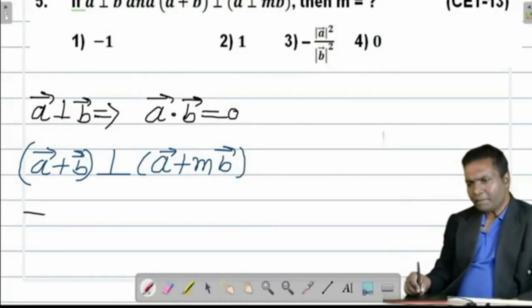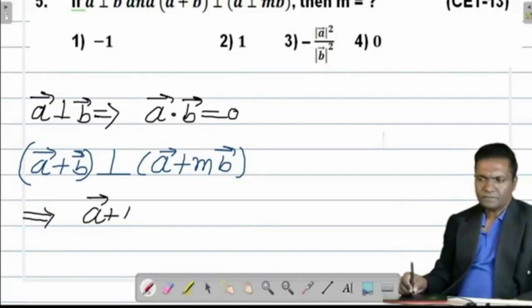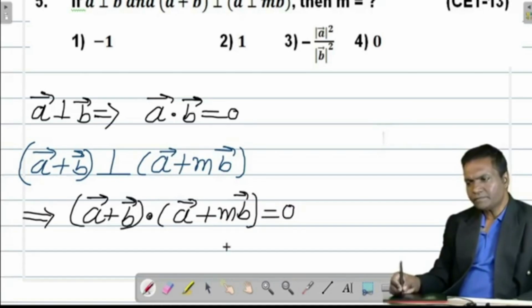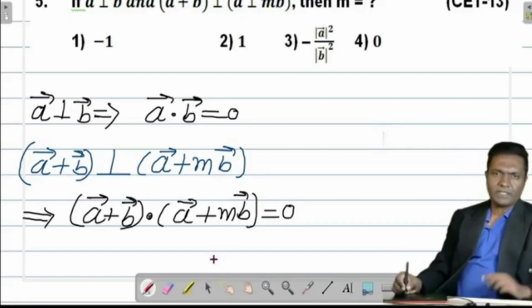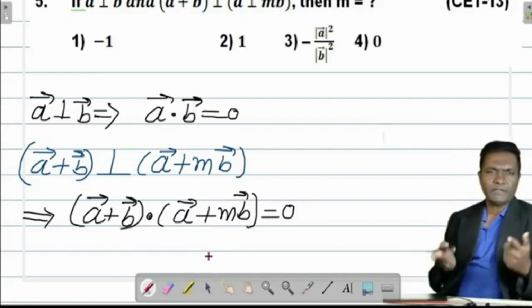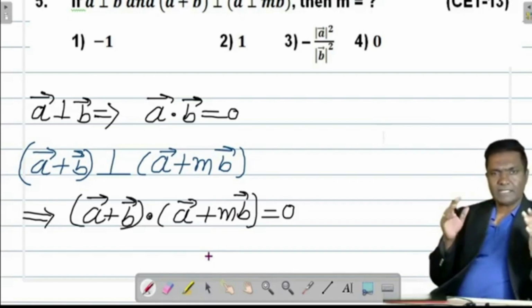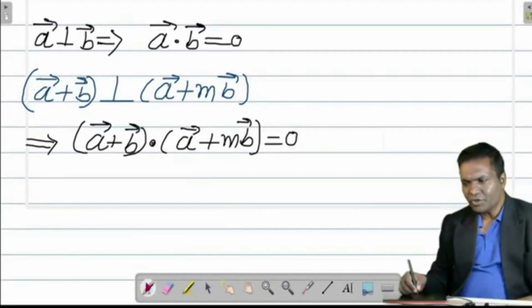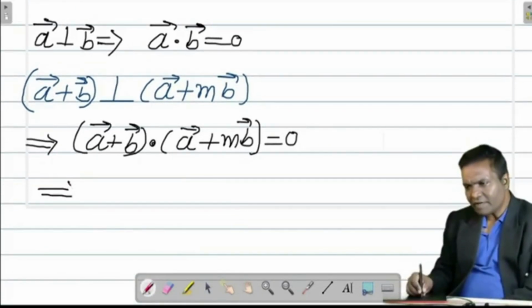By the condition of perpendicularity, this implies their dot product, vector A plus vector B dot vector A plus m into vector B, must be 0. Okay, by the dot product. If the dot product of two vectors is 0, then they are perpendicular, and conversely, if two vectors are perpendicular, then their dot product is 0. If you simplify this, you will get the value of m.